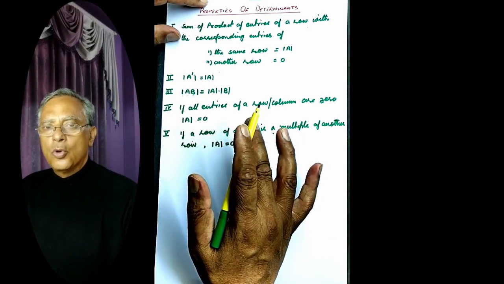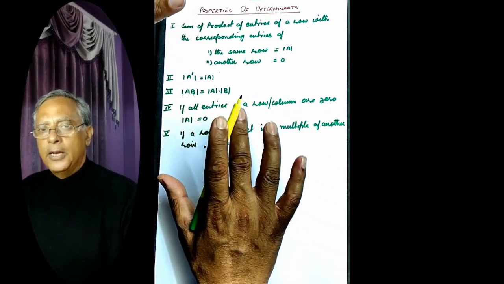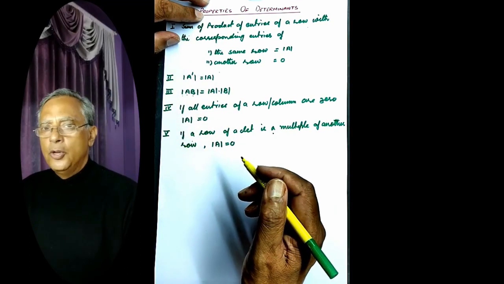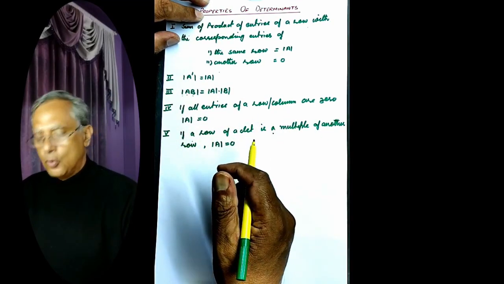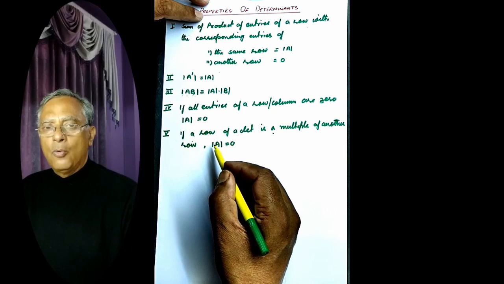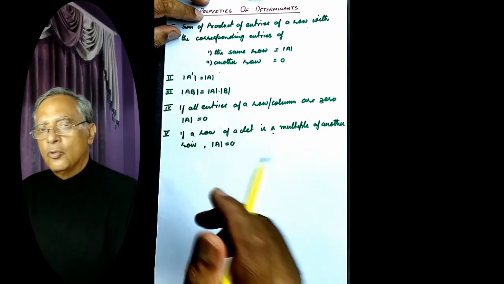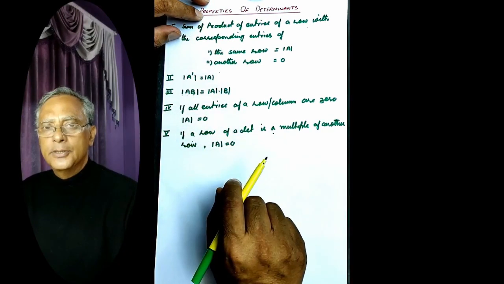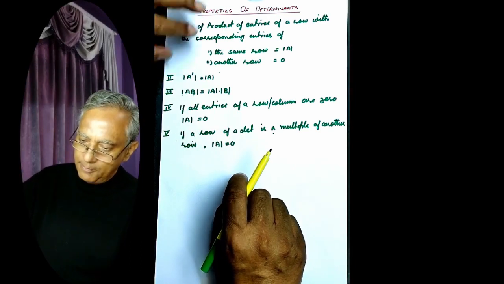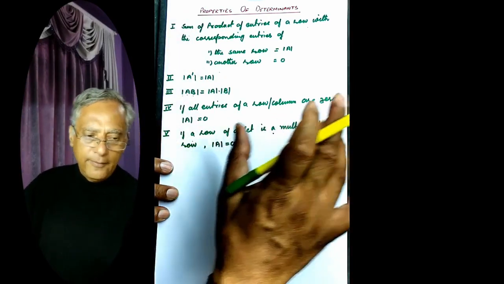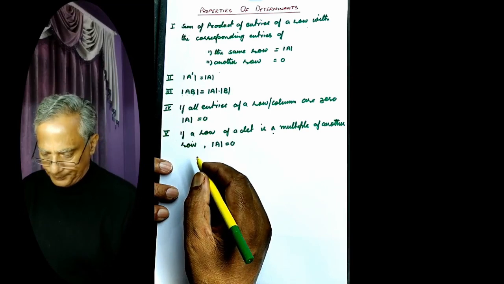That is, if two rows are multiples of each other, the value of the determinant is 0. You need not evaluate. You can directly say, since R1 is 10 times R2, therefore the value of the determinant is 0. Simply by observing, you can say the value is 0.